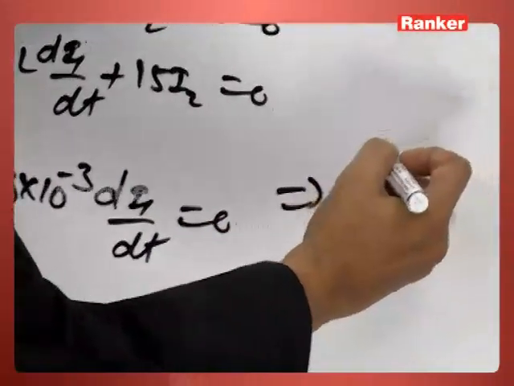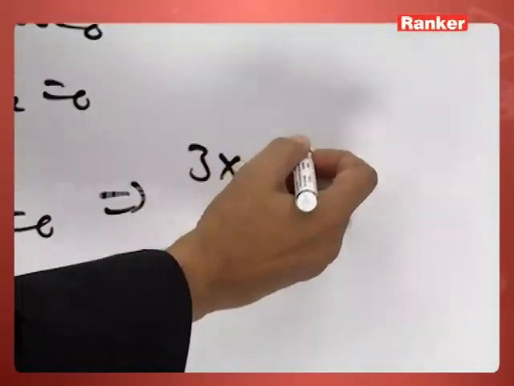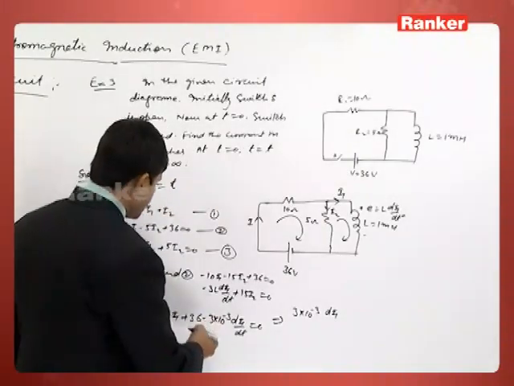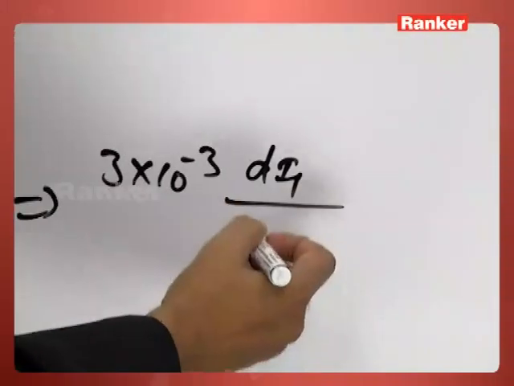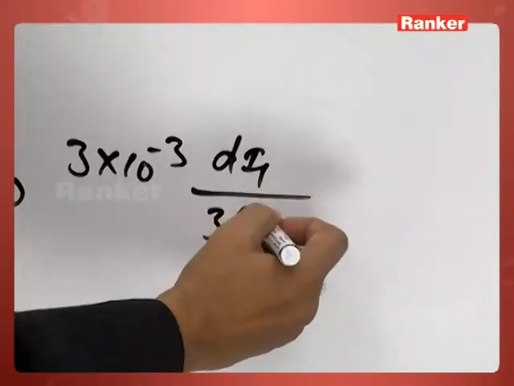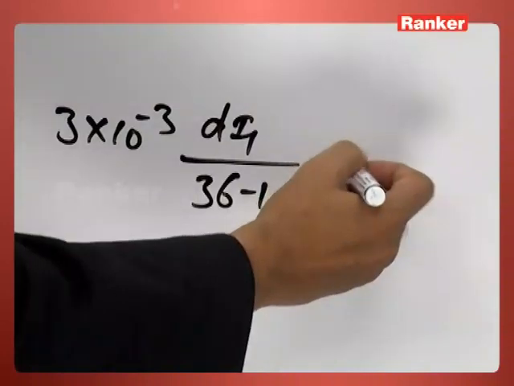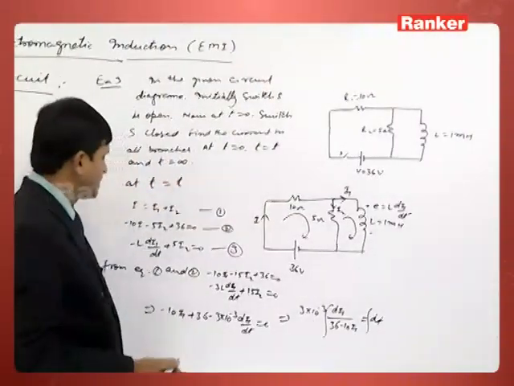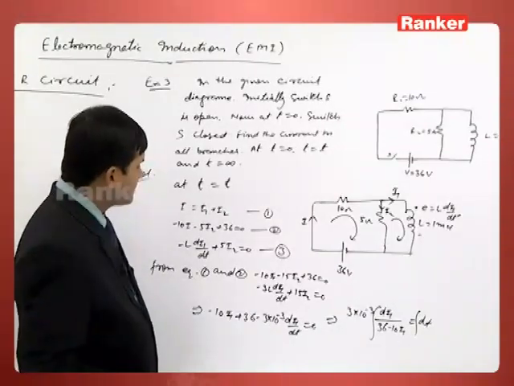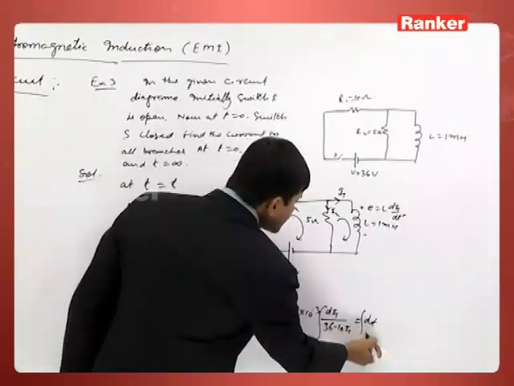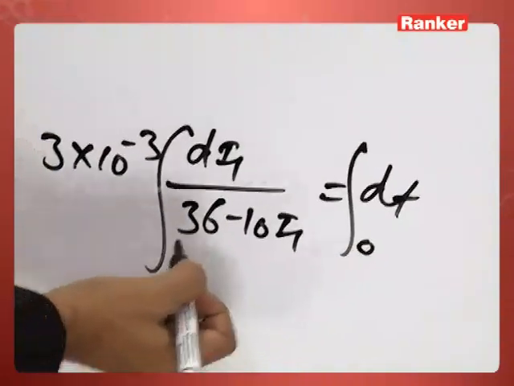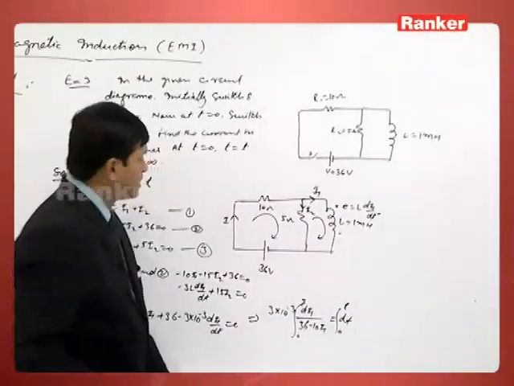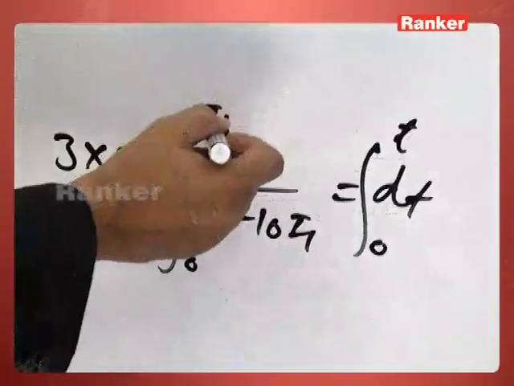So this can be written as 3 into 10 power minus 3 di1 by 36 minus 10 I1 is equal to dt, and integrate like this. So in that manner we can simplify. At t is equal to 0, I1 value is 0, at t, I1 is I1.